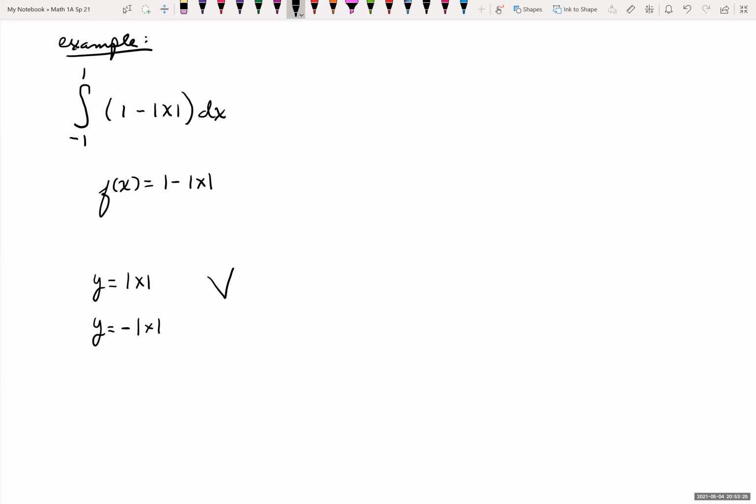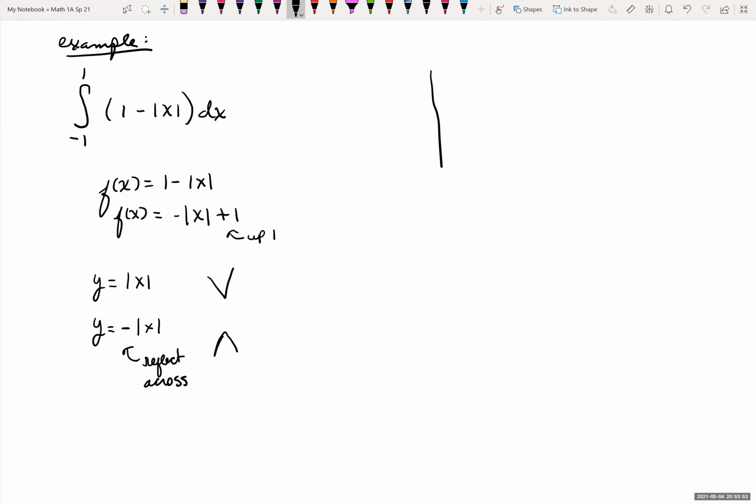So that's a reflection across the x-axis. And then remember that this could be written, if this helps you, as negative absolute value of x plus 1. And so the constant outside is our shift. So we're shifting this up 1.